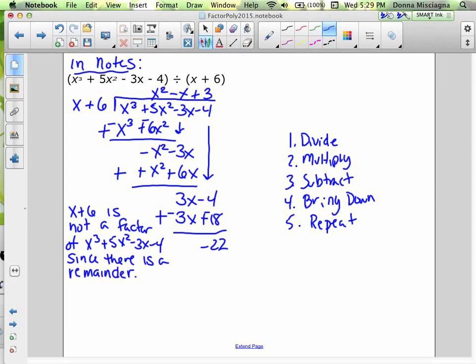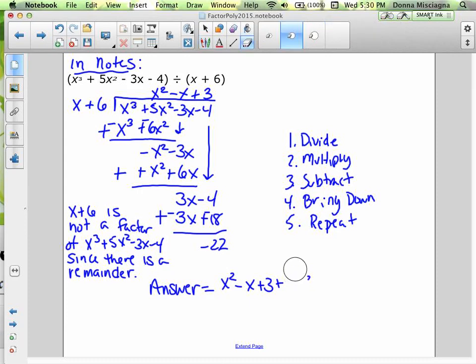And so our answer is x squared minus x plus 3, plus negative 22 over x plus 6.